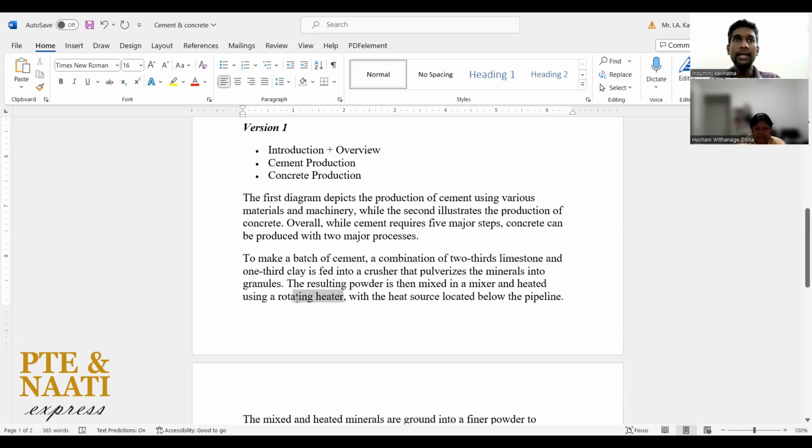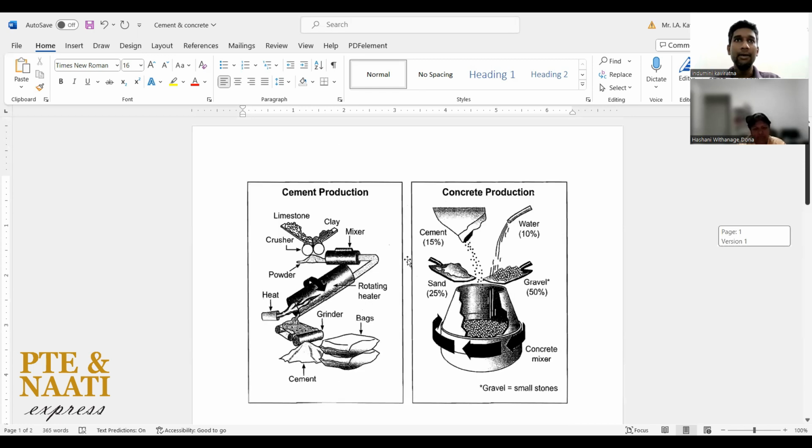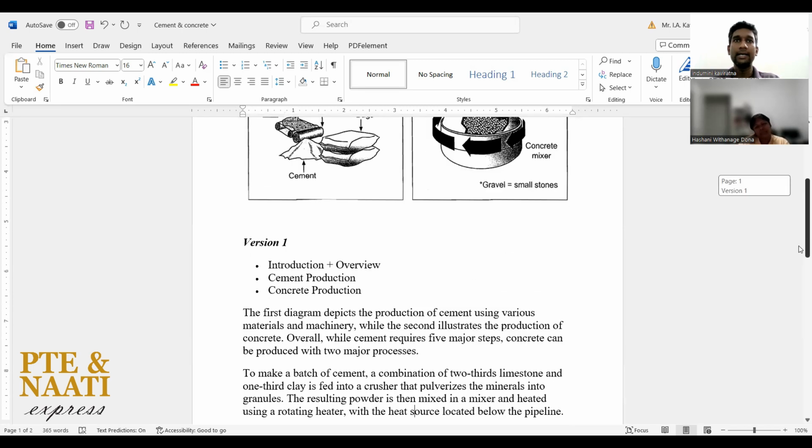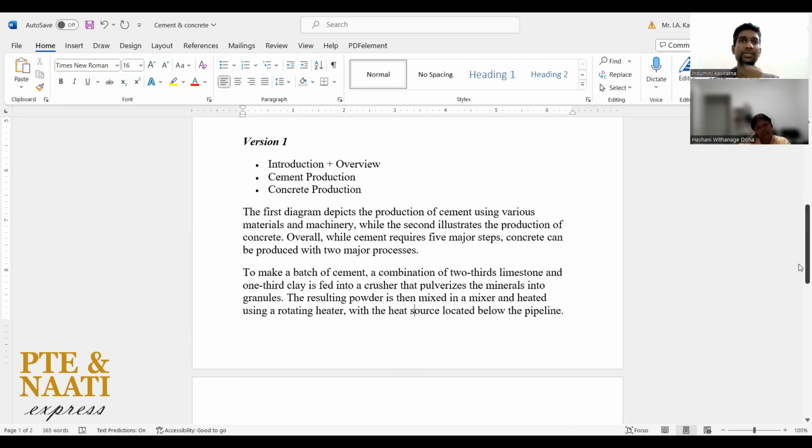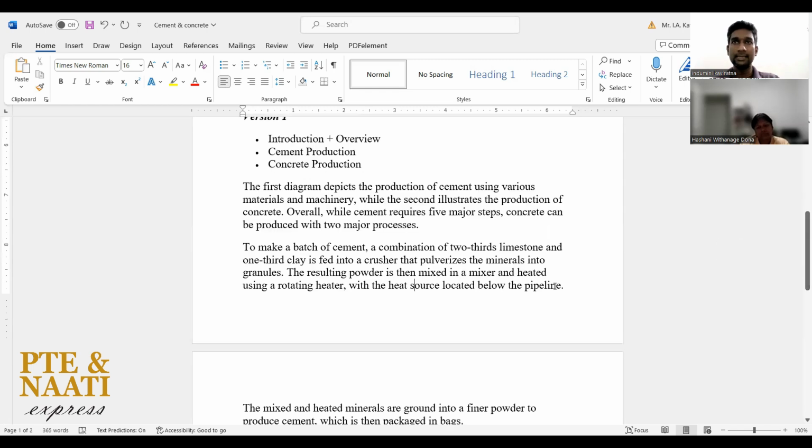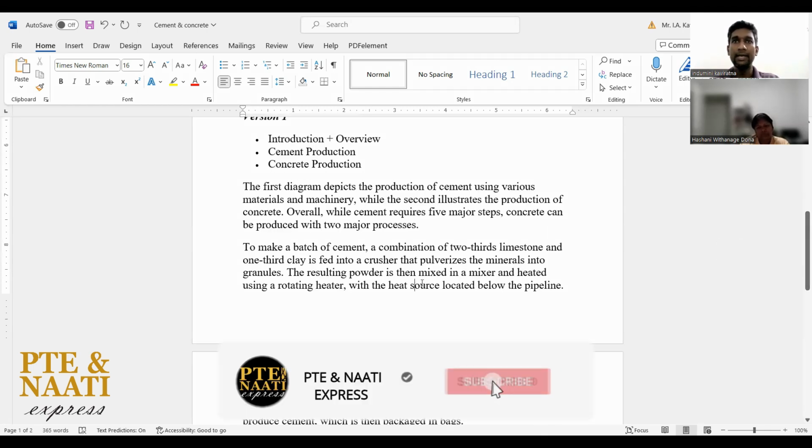So these you can take directly from the question itself, mixed in a mixture, because they have mentioned them. It's in a mixture and a rotating heater. The heat is given here like that. You can take them directly from the question itself, with the heat source located below the pipeline. So usually these things are going through a pipeline.